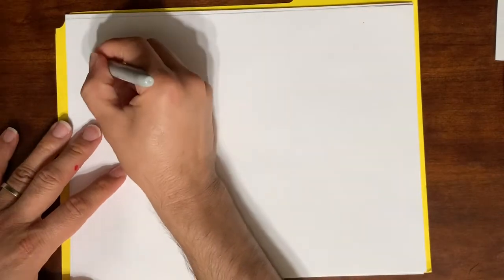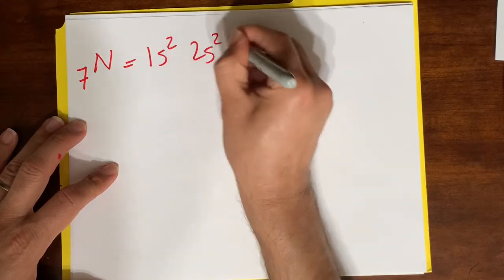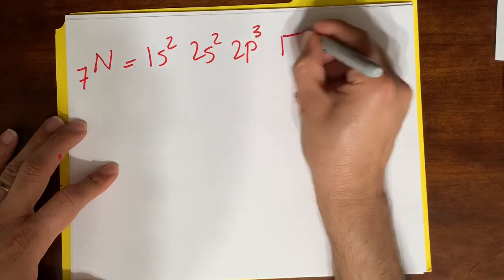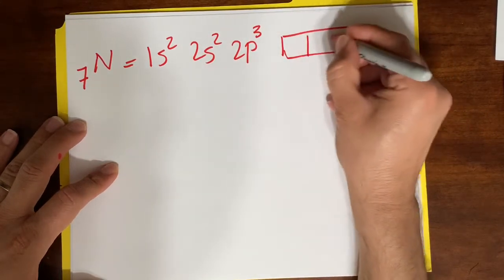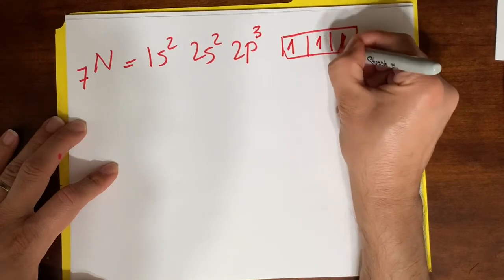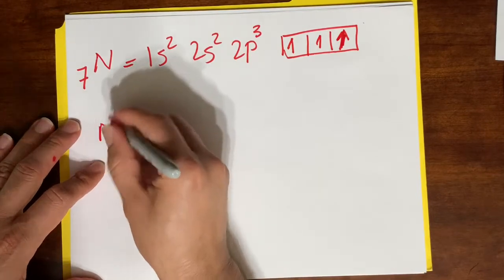I go with this one. Let's say we have nitrogen, 1s2, 2s2, 2p3. The last orbital is the p orbital. It has 3 electrons. You want to add an electron to it.